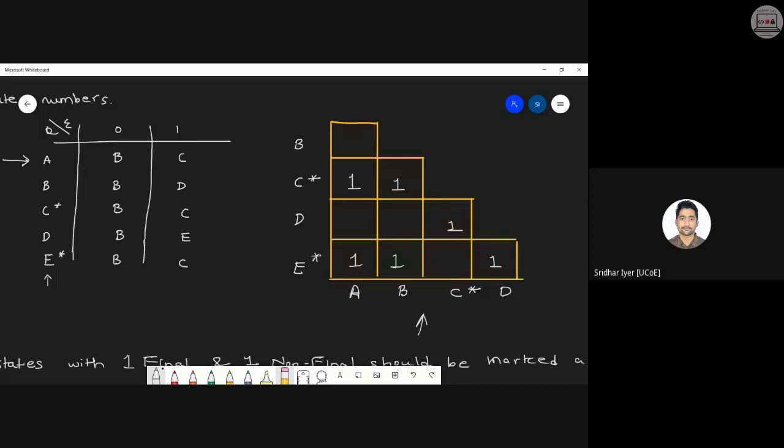Can you tell me why I have done so? Any particular reason why I have done so? Any one of you can let me know. Come on, quick. Think of ideas. It was initially 5 by 5.